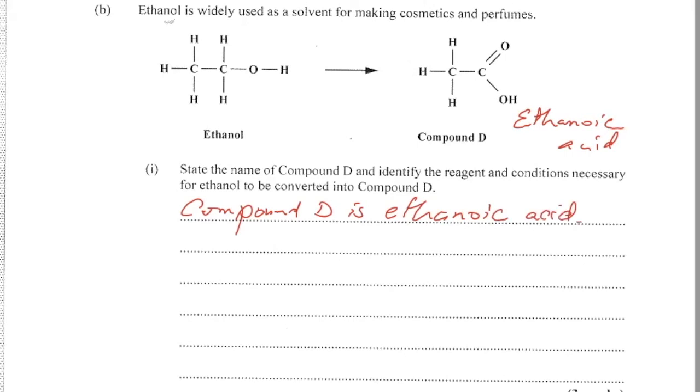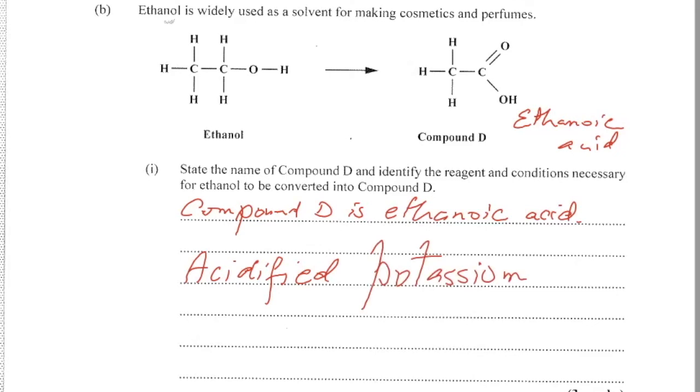And they want us to identify the reagents and conditions necessary for ethanol to be converted into compound D. We'll need a very powerful oxidizing agent. So we need acidified potassium manganate(VII) or acidified potassium dichromate(VI). We could write out the words or we could write the formula.